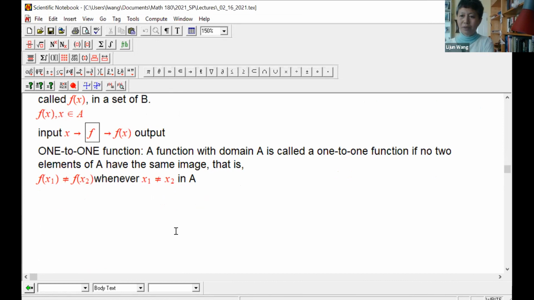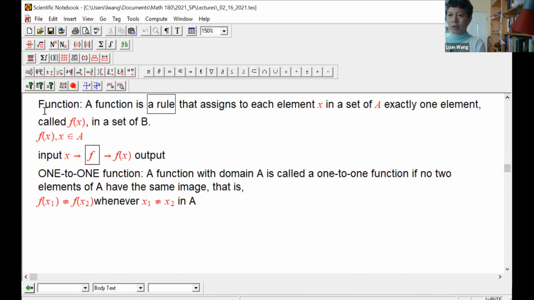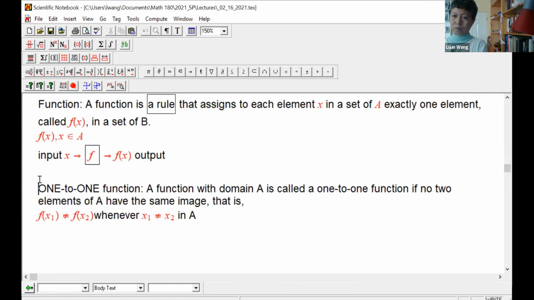How do we read this? So first we have the definition of function. And then we have the definition of a one-to-one function. The first word in one-to-one function is saying what? A function. What does it mean?